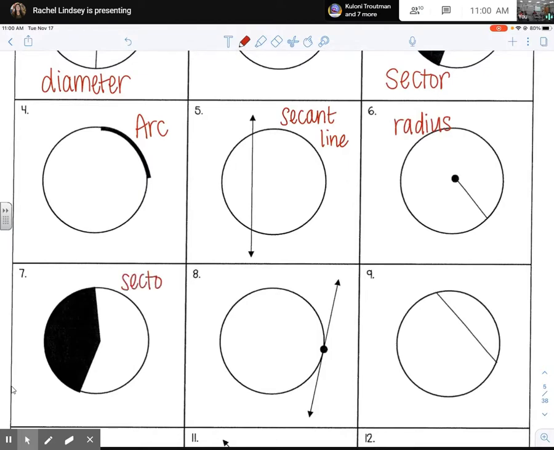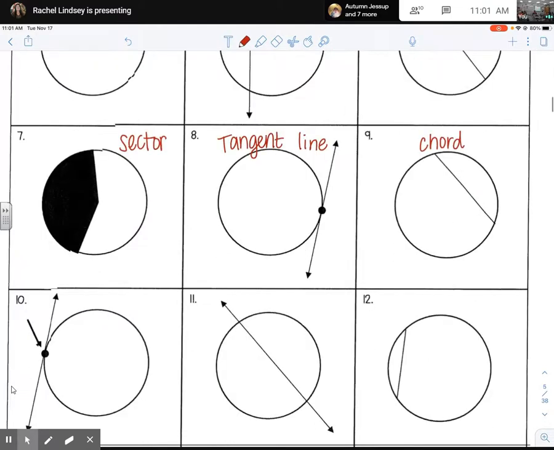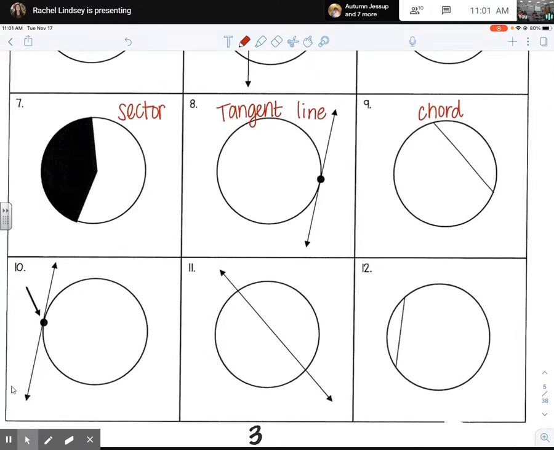Eight? Tangent line. Nine? Chord. Ten, what's that point right there called? Point of tangency.